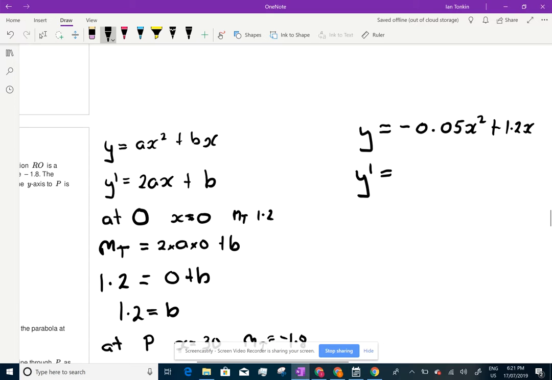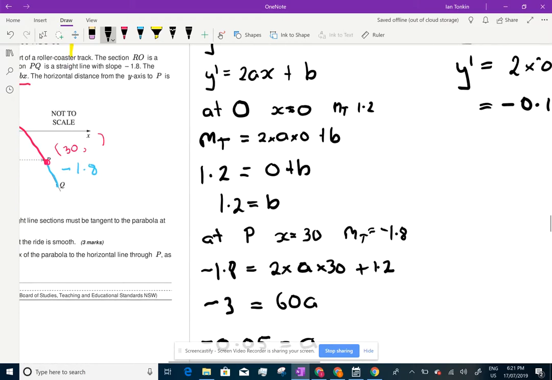Y dash, 2 times that, I'll write it so you know what I'm doing. So 2 times negative 0.05x plus 1.2, which is negative 0.1x plus 1.2.